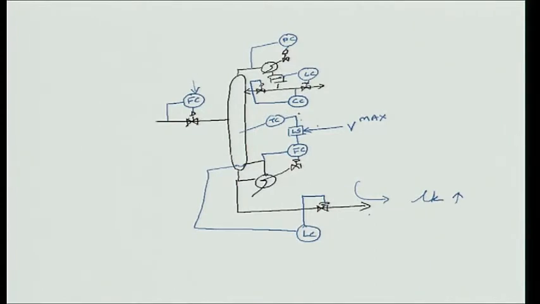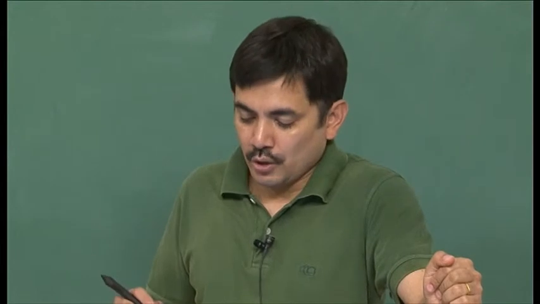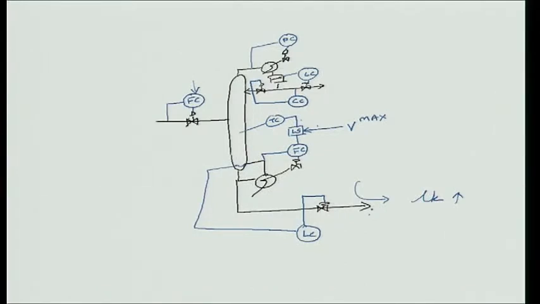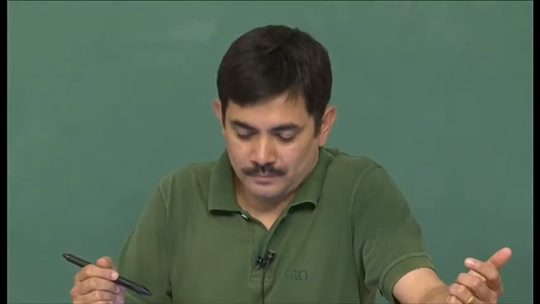Now, let us say the bottom stream is a waste stream, and let us say the light key is precious. Then since too much light key is being lost, it is an economic loss. So, I do not want to lose temperature control on the column.